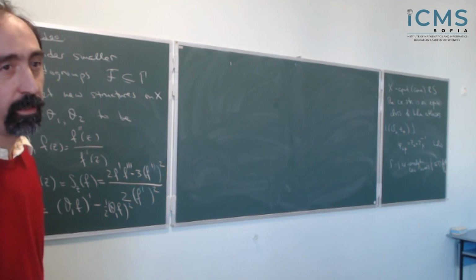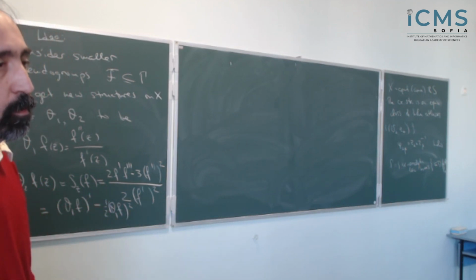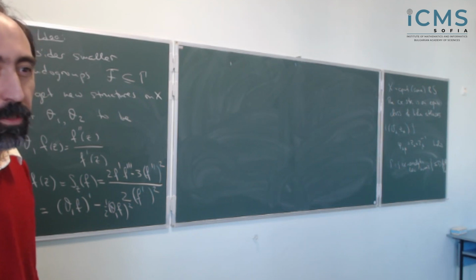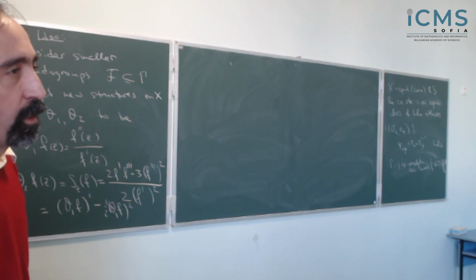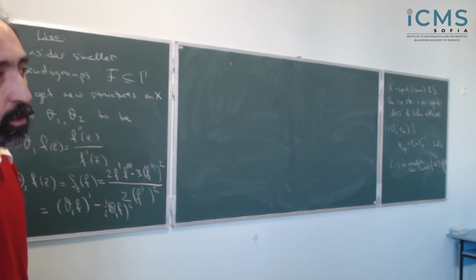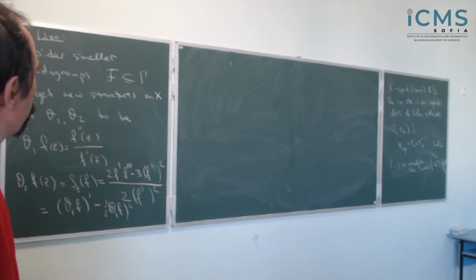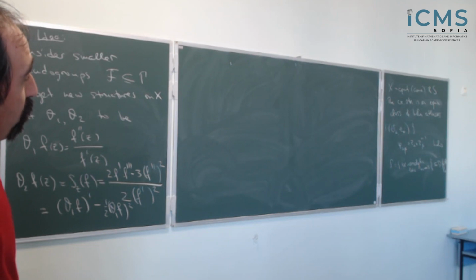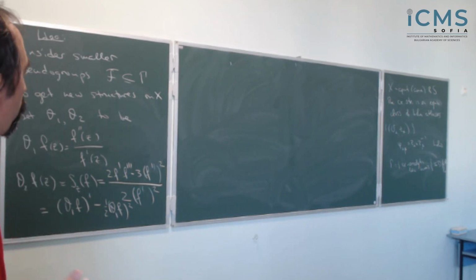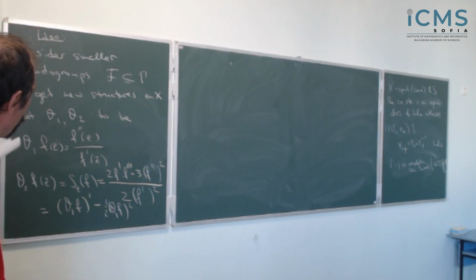Gunning had a long paper called Special Coordinate Coverings of Riemann Surfaces. Also, in his book on Riemann surfaces, he devoted a chapter, almost maybe a third of the book, to these structures.